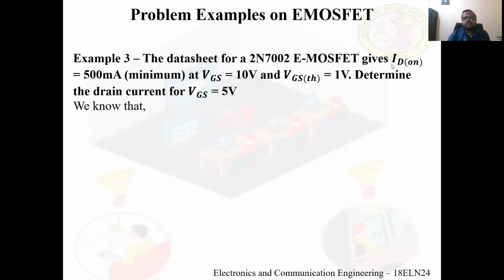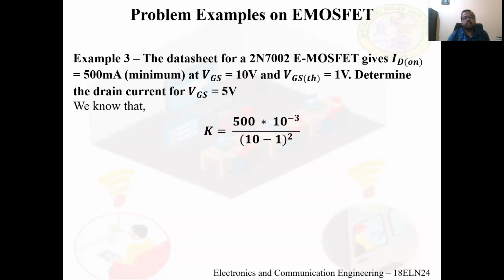First, the ID(on) is given as 500 milliamperes. And at what value do you get this ID(on) value? You get it for VGS is equal to 10 volts, right? So VGS(on) is nothing but 10 volts, and the threshold voltage is 1 volt. Using these three values, calculate the value of K. Once you know the value of K, calculate the value of drain current for VGS is equal to 5 volts.